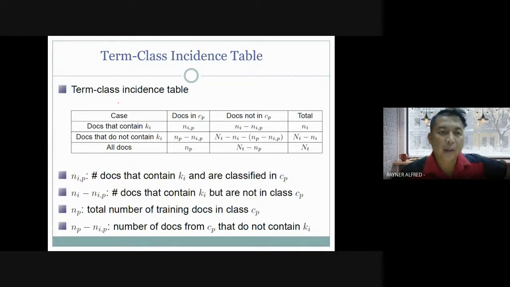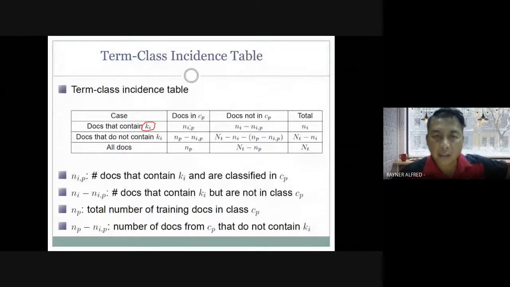So when we look at the term class incidence table, we are looking at this one. Okay, documents that contain keyword I, in a certain class.